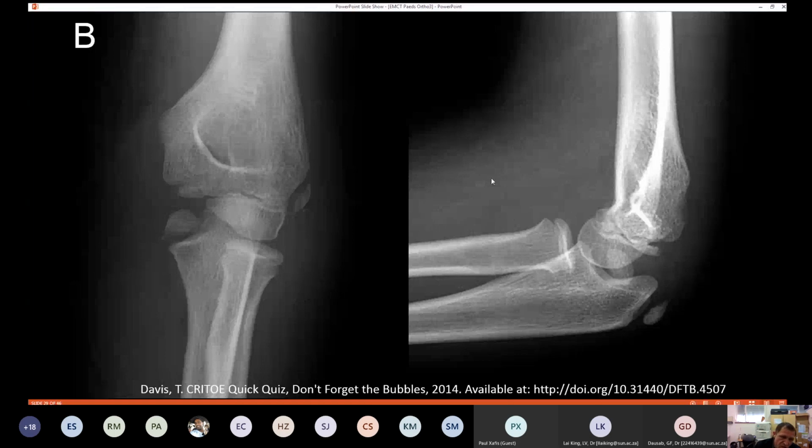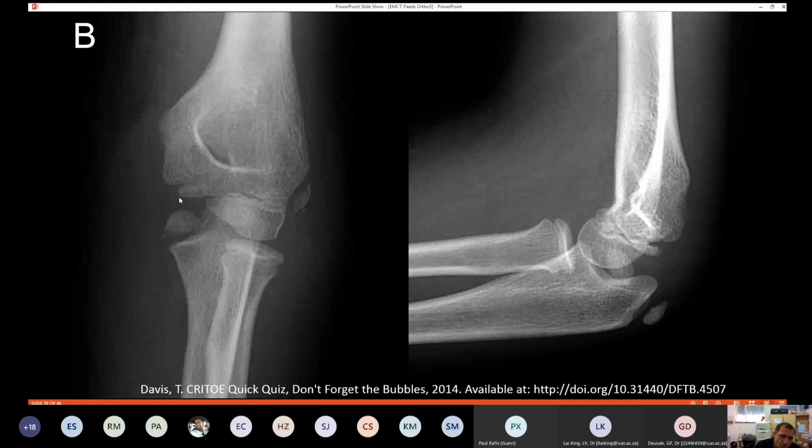Now, if you look at the AP view and you go through the different ossification centra, you can see the capitellum, the radial head, okay, the internal or medial epicondyle, which is where the problem starts.